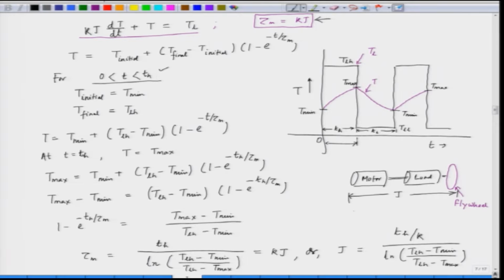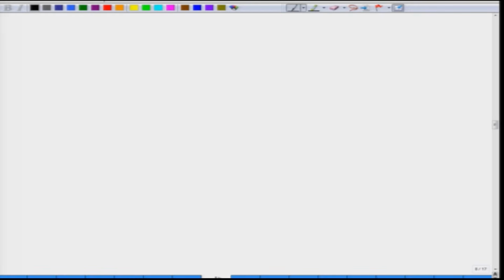So, we can say that j is equal to j m plus j flywheel. When we know this j totally and we have the knowledge of the motor and the load inertia, we can find out the inertia of the flywheel. So, the inertia of the flywheel is equal to the combined inertia minus the inertia of the motor.